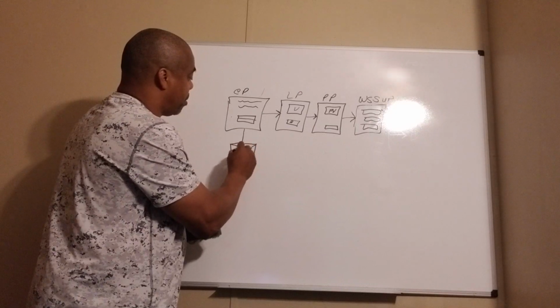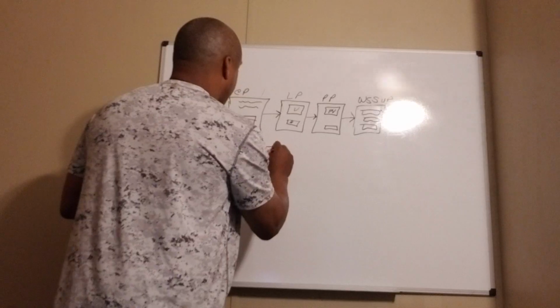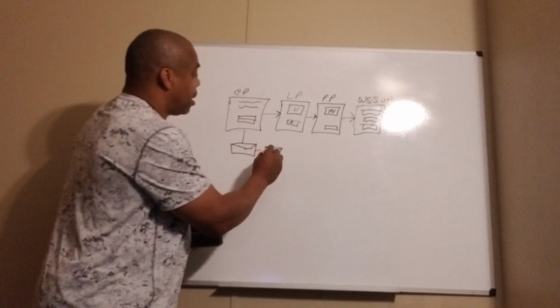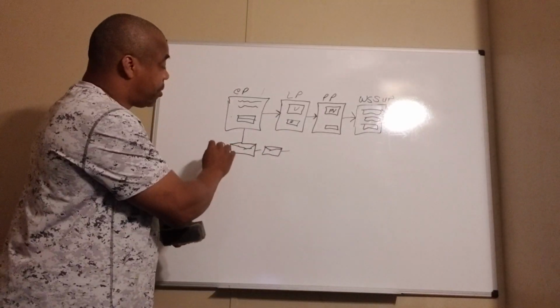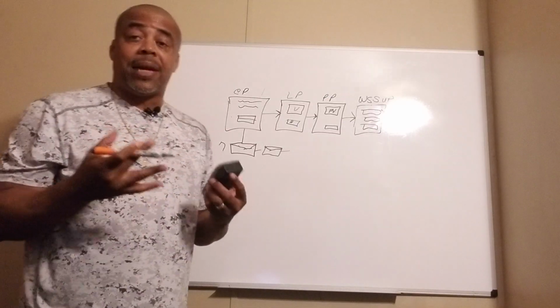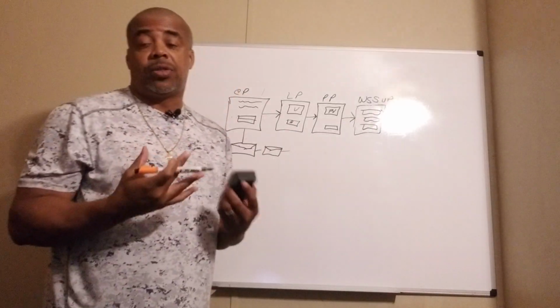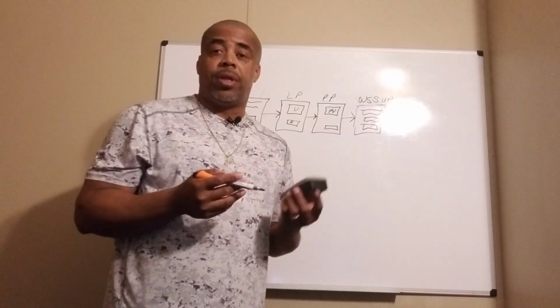I'm just going to put a couple little boxes on here that show email. And you want to have about seven emails throughout the process, because it takes at least 7 to 12 times for somebody to see your offer before they join you in your business opportunity or whatever it is that you have.